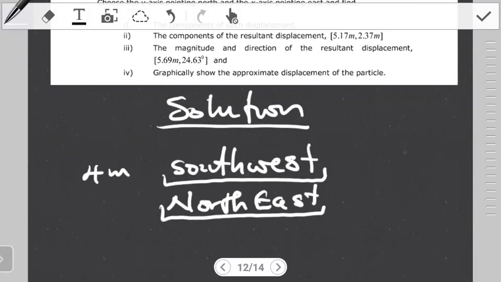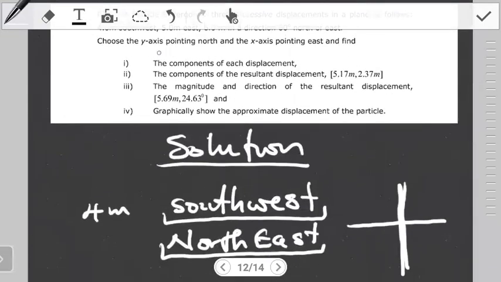Well, very easy. The question says the y-axis is pointing north and the x-axis is pointing east. So this is where the north is, of course, this is the y-axis, and then this is the east. That's where the x-axis is going to be.